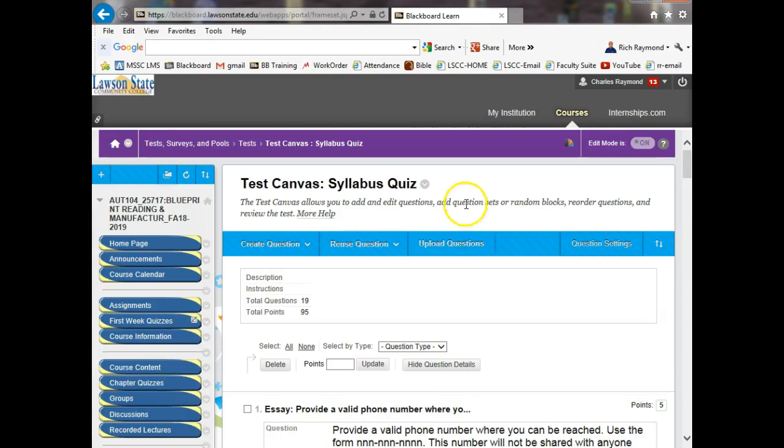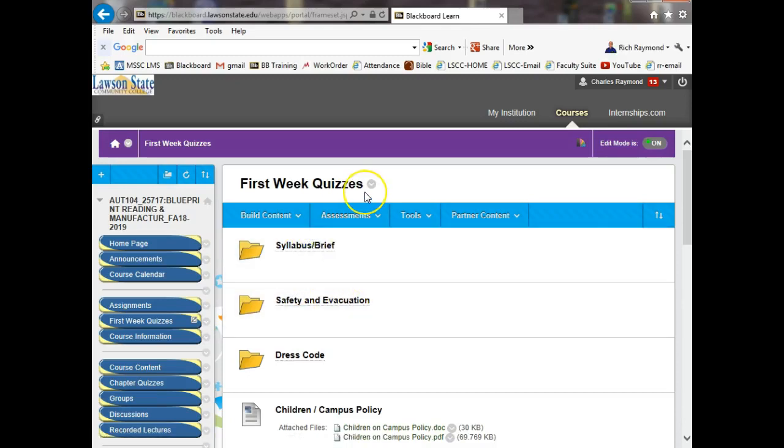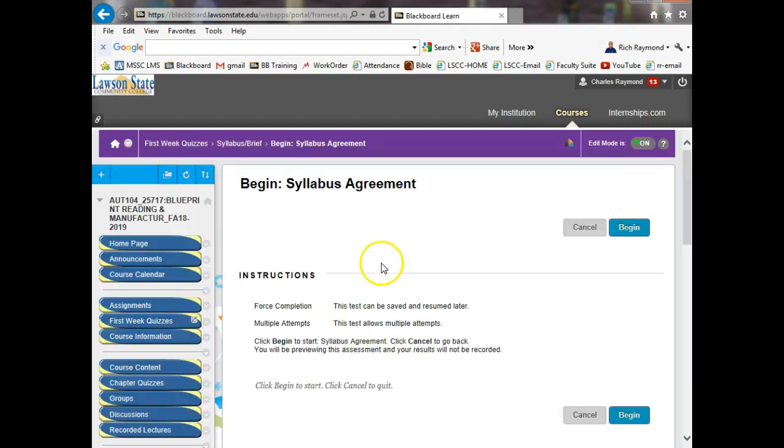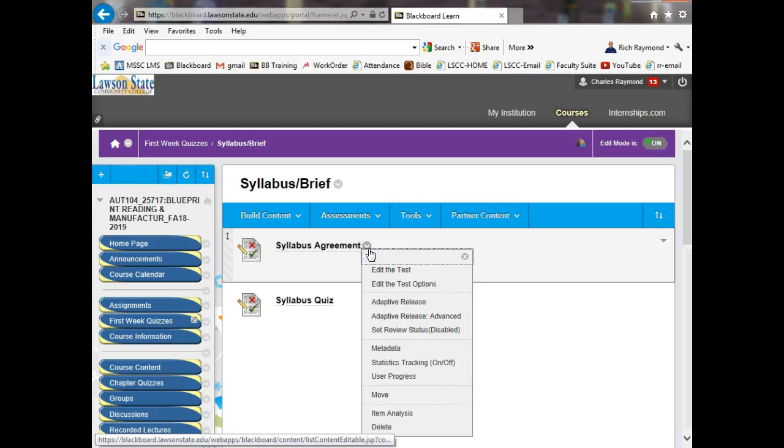This is a short one for this class. And then another thing that we also require you to do, this is required, guys, is what we call the syllabus agreement. So a lot of classes you go in, they want you to sign a piece of paper. What we do is we kind of do what you would do when you install a lot of software on your computer. They give you an end user license agreement.